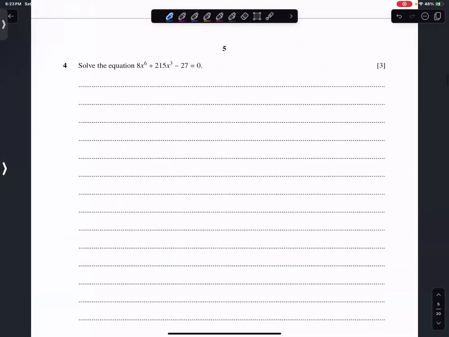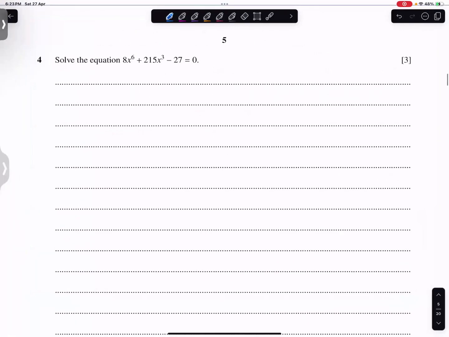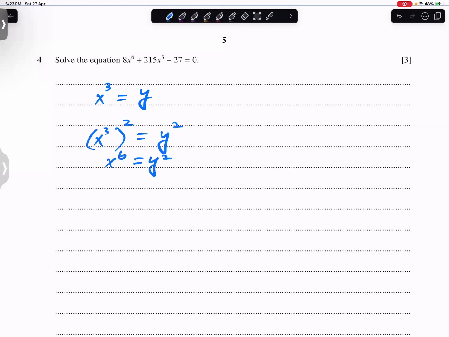Solve the equation. This is a quadratic equation, okay? You have to convert it into the quadratic by letting x cube be equal to, let's say, y, and then if we take power 2 on both sides, this will become x to the power 6 is equal to y square.